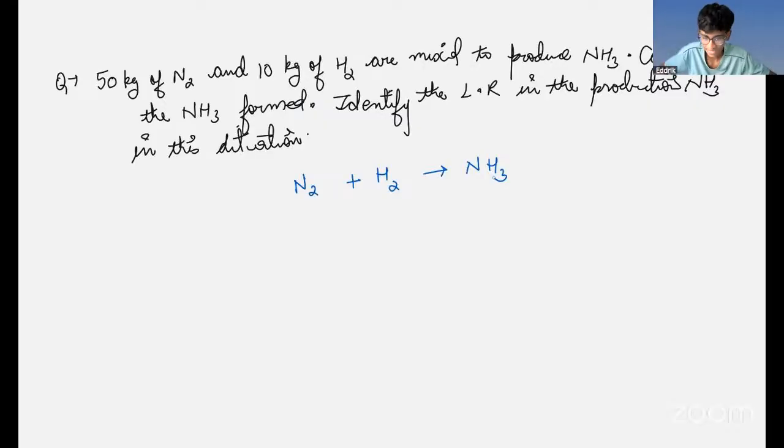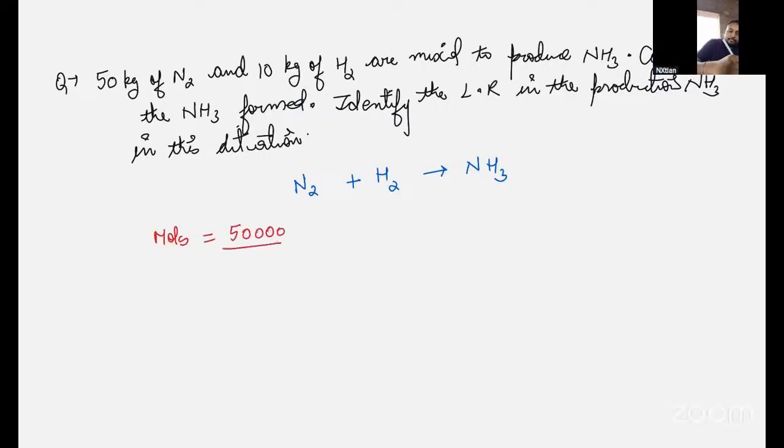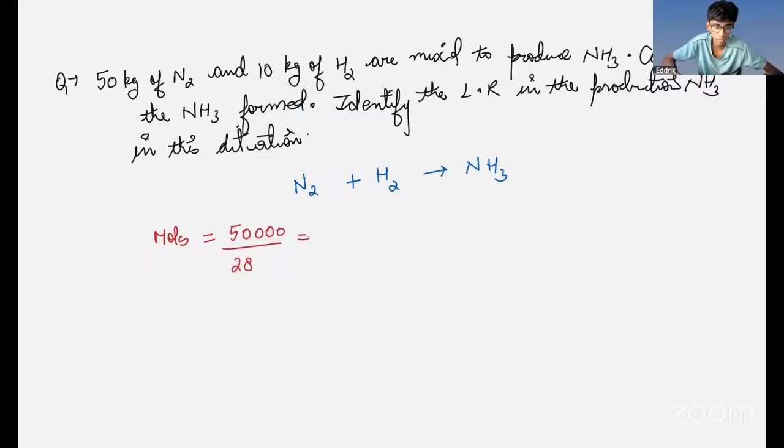Okay. So, tell me first, how will you calculate? First, you have to calculate the moles of nitrogen used. So, what is the formula? Now 50 kg of N2, which means it becomes 50,000 grams, upon, since N2 is 28, so it becomes 50,000 upon 28. Correct. So, can you calculate it?